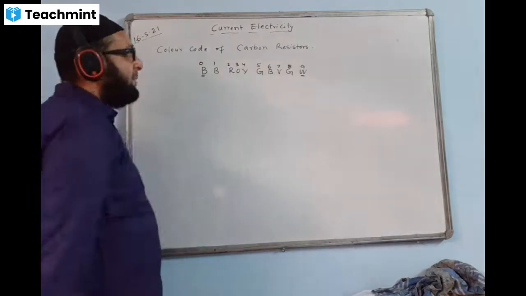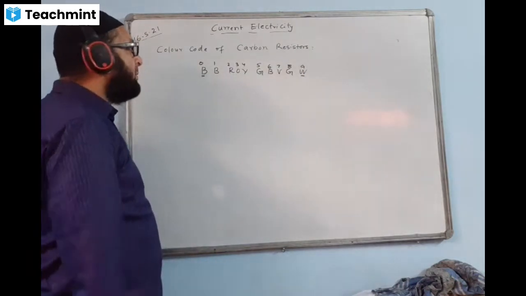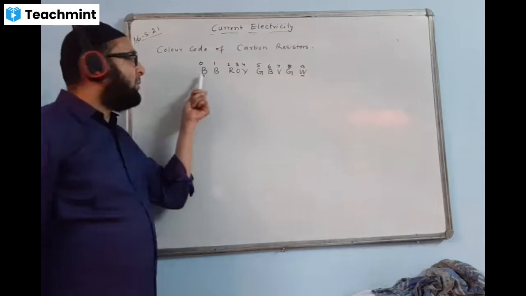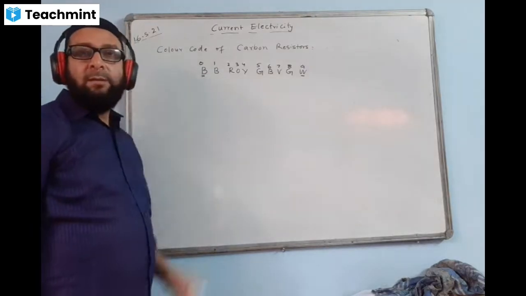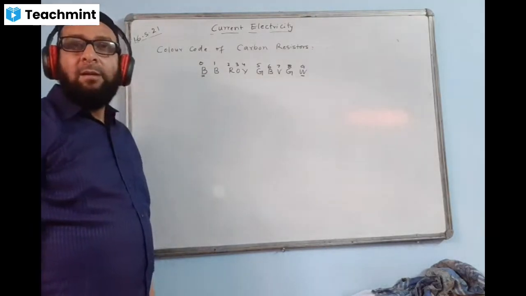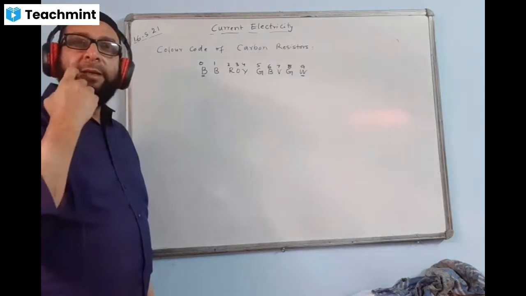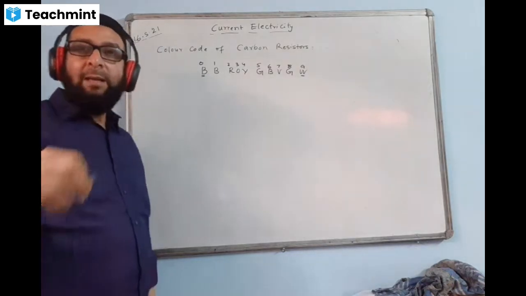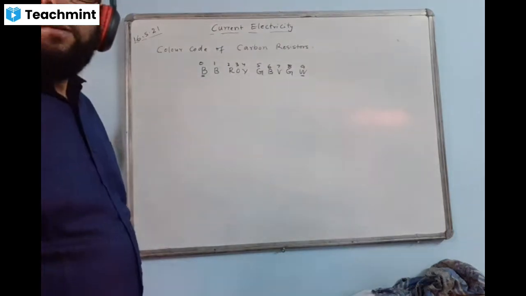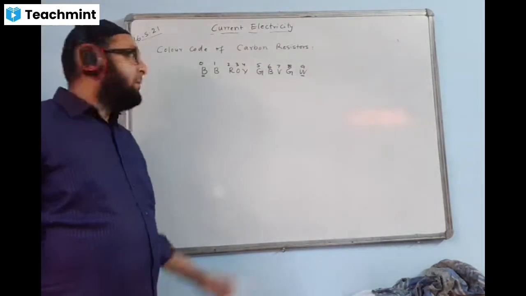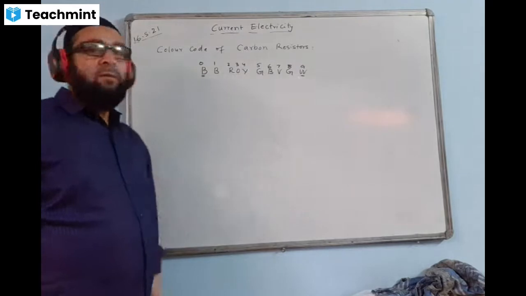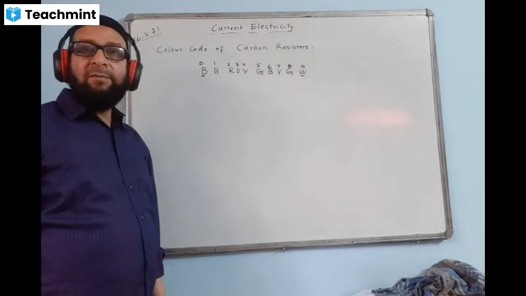Brown and red are close by. B is what? Which color? B is black and W means white. Between black and white, all the colors are coming.